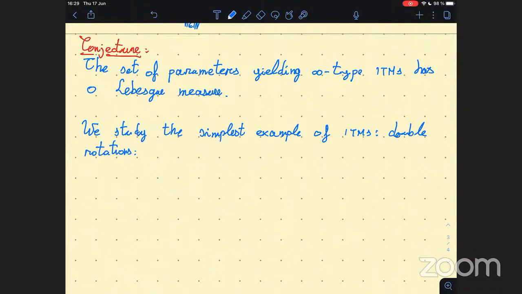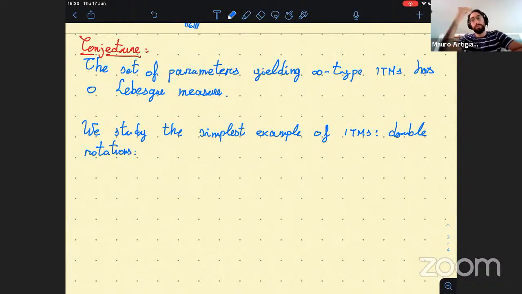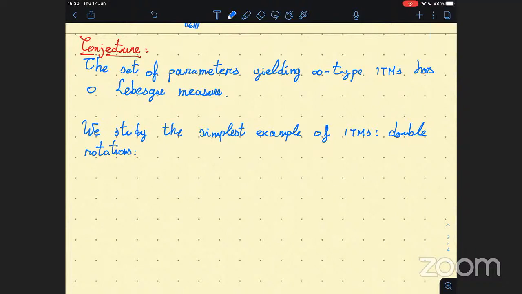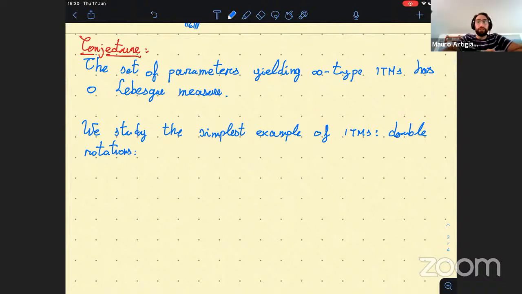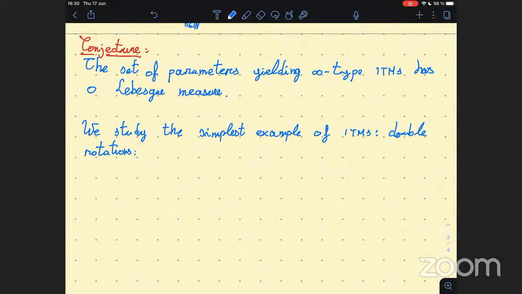Sorry if I interrupt, but comparing this Hausdorff dimension with ITs with flips, like in Sasha's or other works, there the Hausdorff dimension is 0 or also intermediate between full and 0? I'm not 100% sure. I think it's intermediate.